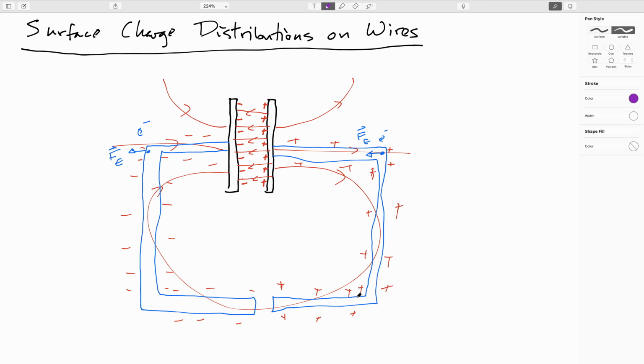And so in this case, where we have disconnected wires, the net result of the surface charges is that we will be left with no net electric field inside the conductor. So just what we've had before, it's a conductor in equilibrium. The net field is 0 inside for this disconnected case.